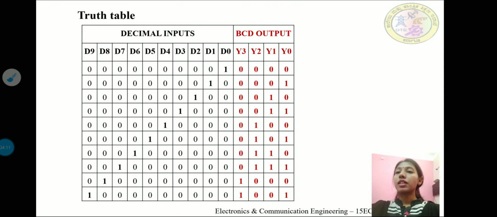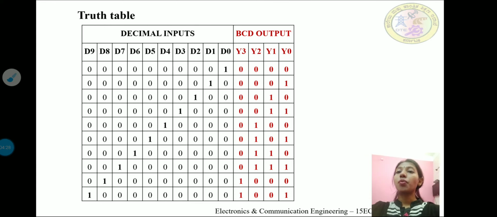Let us consider the first condition when digit 0 is active and all the other input digits are 0. Since digit 0 is the only input line that is activated, the BCD code corresponding to digit 0 is 0000.